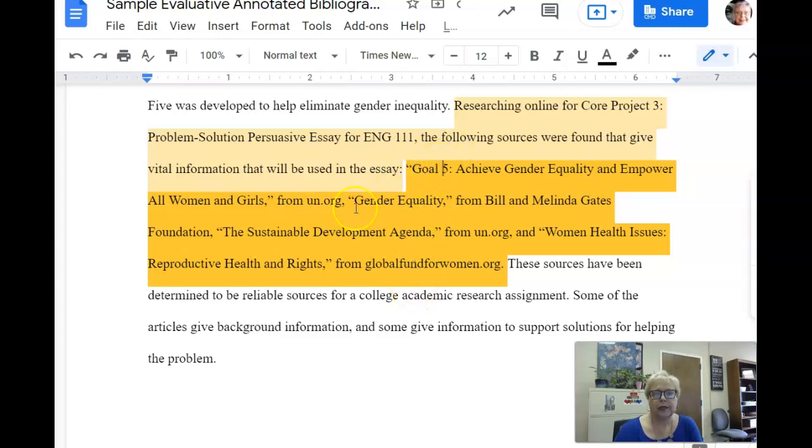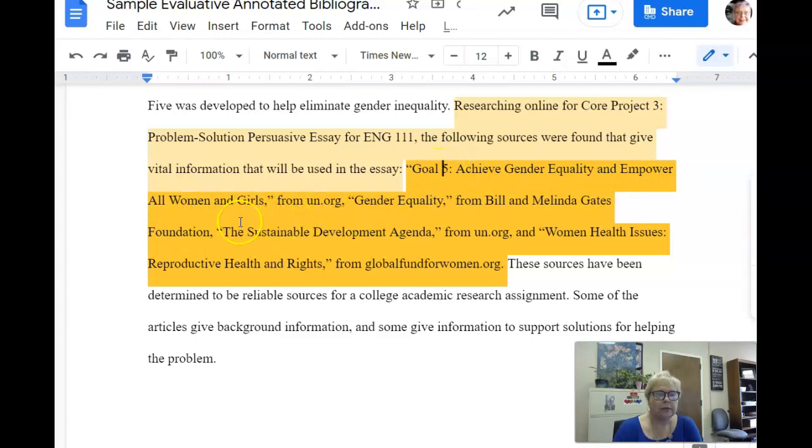You just need to be careful. However you list them here, they need to be the same order on the next page where you actually list your sources. So here it is, Goal 5, Achieve Gender Equality, Empower All Women and Girls.